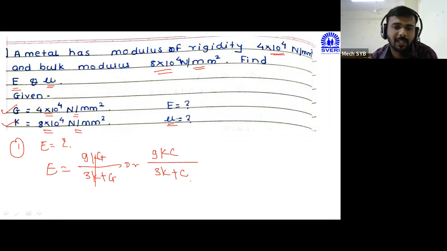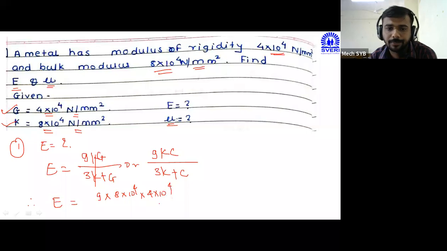So out of this relation, the value of g is given, the value of k is given. So simply put capital E, we have to calculate. 9 is as it is, k value is given 8 into 10 raised to 4, into g value is given 4 into 10 raised to 4, divided by 3k, means 3 into k value 8 into 10 raised to 4, plus g value 4 into 10 raised to 4.